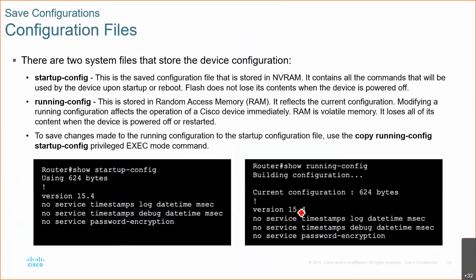Whatever changes you made, when you restart your router or your switch, those changes will not be implemented unless you copy your running configuration to your starting configuration. The command is copy running-config startup-config. Once you do that, the changes on your switch will be finalized.